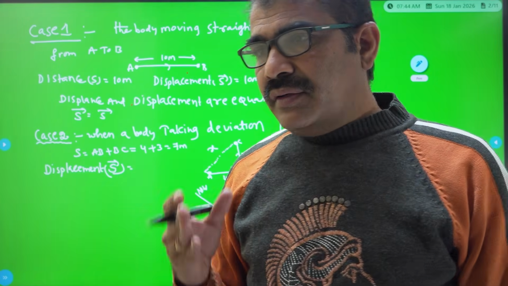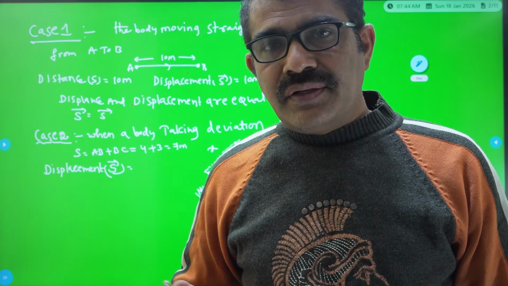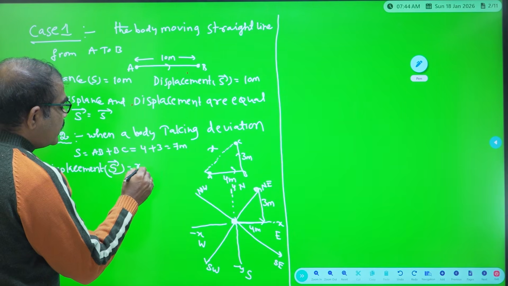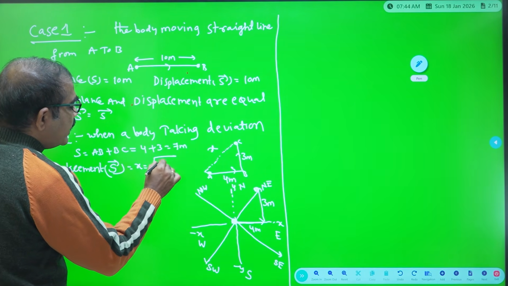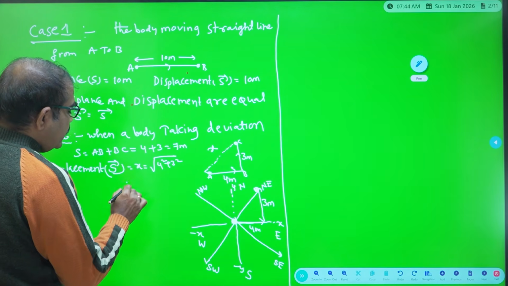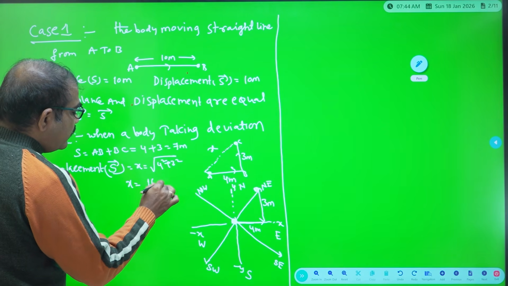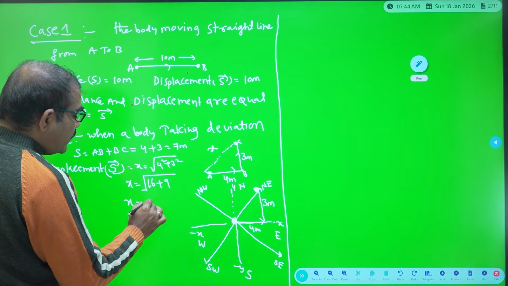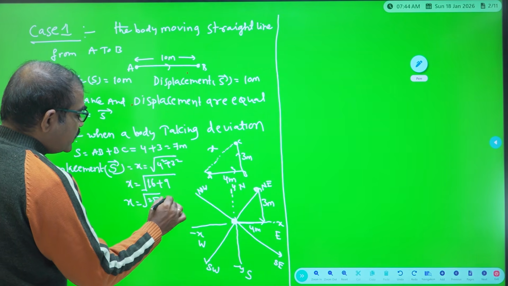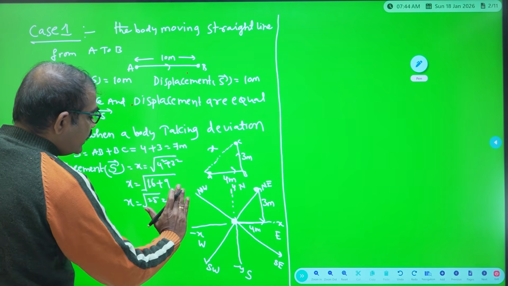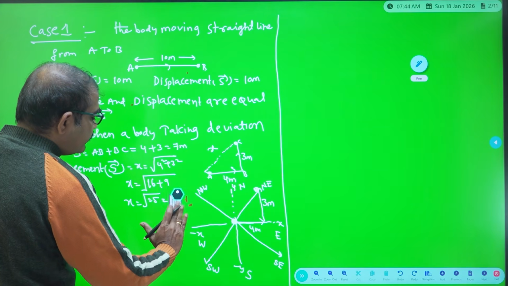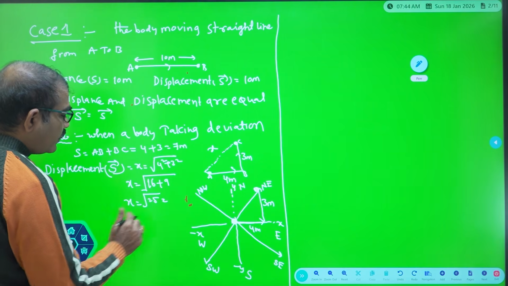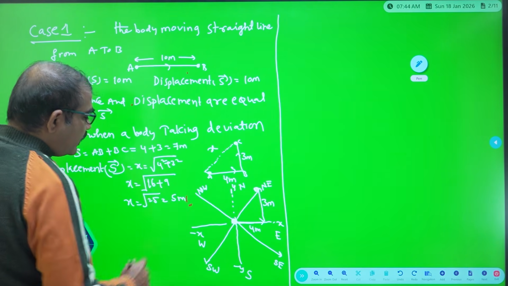Opposite side is 3, adjacent side is 4. Then x is equal to under root of 4 square plus 3 square, that is 16 plus 9, that is 25. Root 25, that is equal to 5 meter.